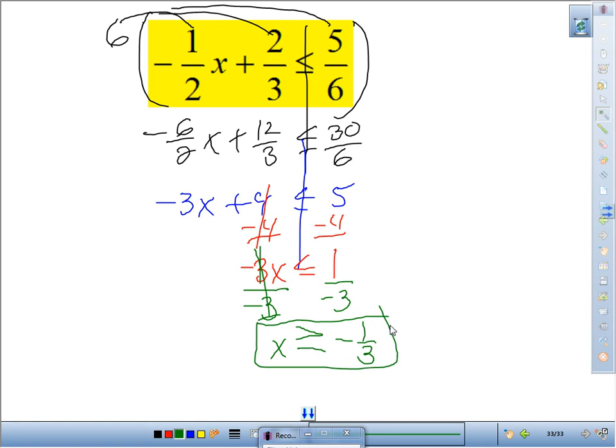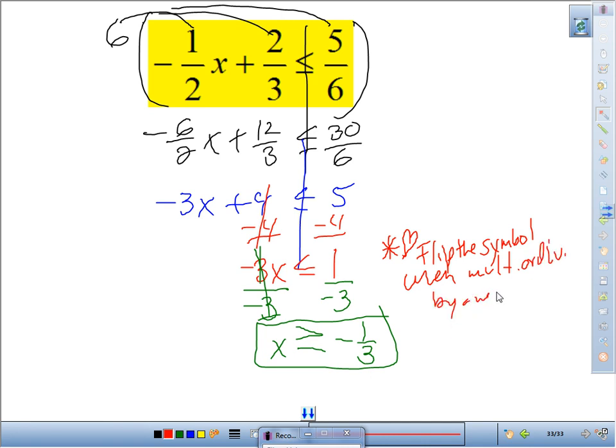Make a correction, please, those of you that did not flip it, and make a note for yourself to remember. Put an asterisk and a heart: flip the symbol when multiplying or dividing by a negative only.